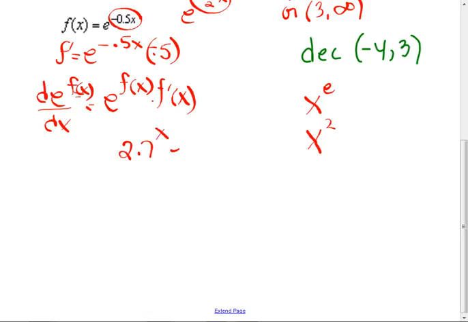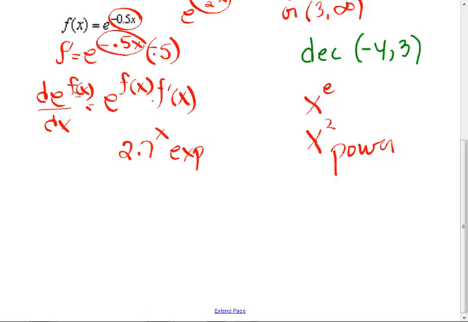This is an exponential. This is a power. Yes, it's easy to get confused. If the exponent's a variable, it's an exponential. If the exponent's the base, it's a power. Okay. No, I just take the derivative of e to f of x, it's e to f of x back again times the derivative of that.